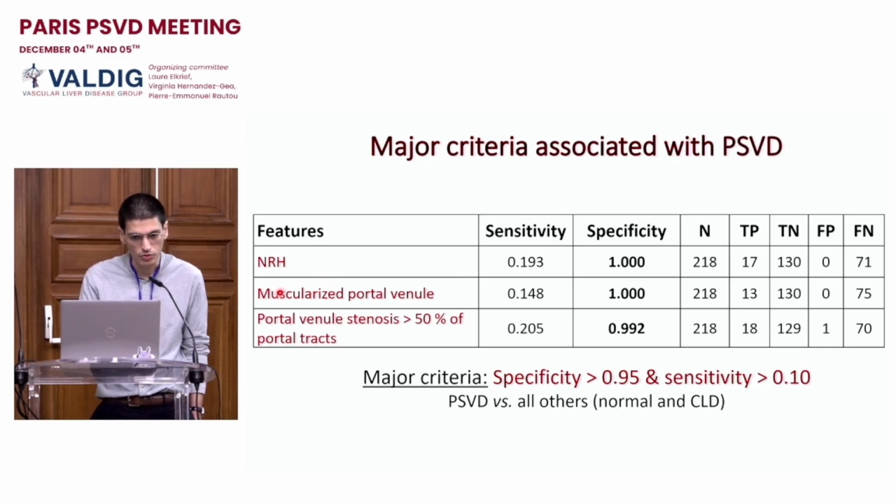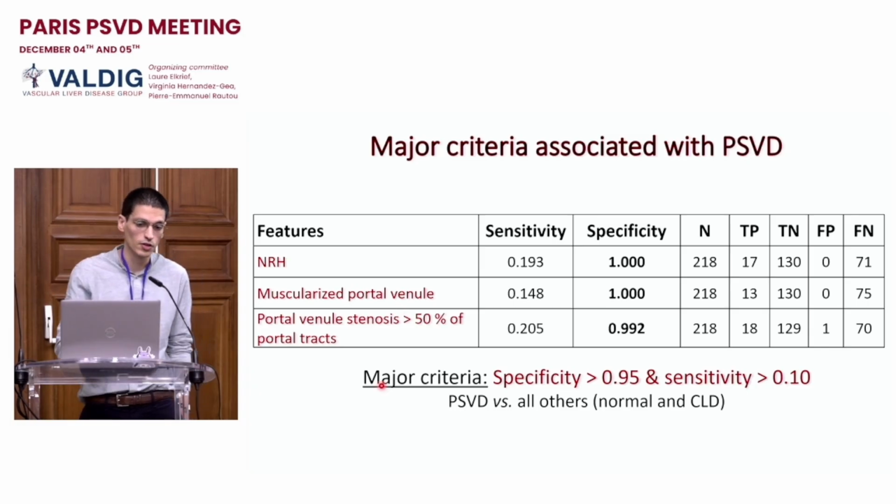So NRH, nodular regenerative hyperplasia, with in this cohort 100% specificity. Muscularized portal venule, I will show you some pictures just after, and also portal vein stenosis, with a higher frequency. If you remember, I talked earlier about a threshold at 25%, but that was in comparison to the normal population.